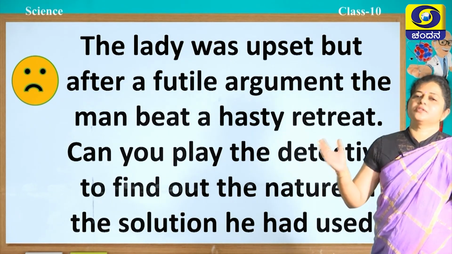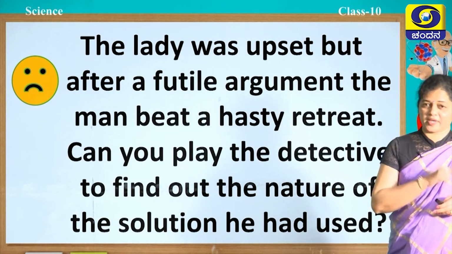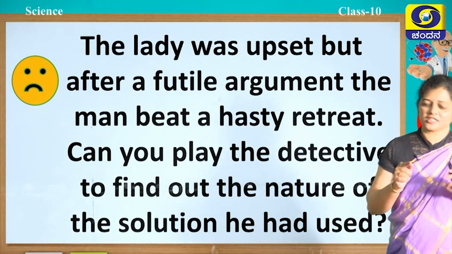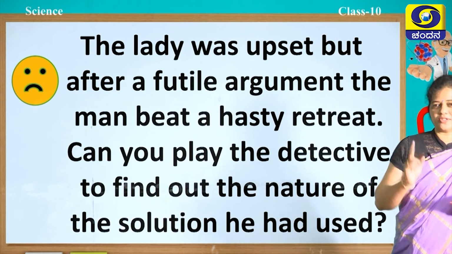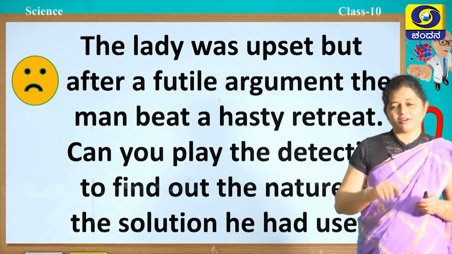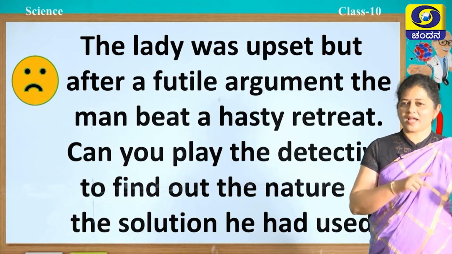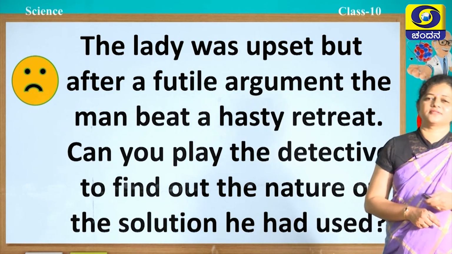He just took a hasty retreat. He walked away. Now, your question is, you have to play the detective to find out the nature of the solution he had used to sparkle the bangles. So now you have to think about this lesson and then you have to answer this question. You actually learnt in the lesson what is the reason for this.